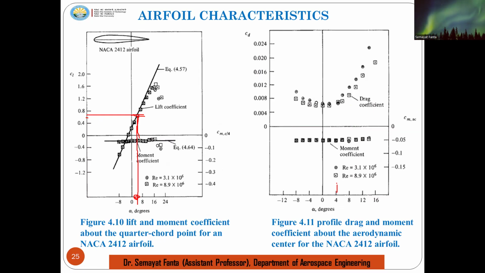So alpha 4 is this one. I will go up to this point, and I will trace it back to CD like this. So when we are appropriately sketching it, we can get this result.